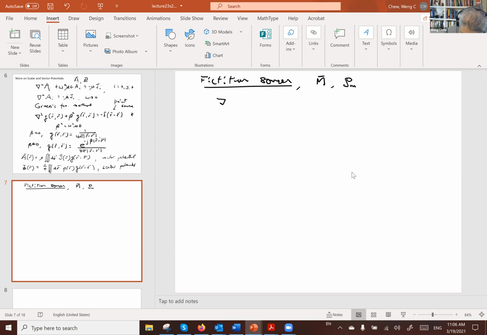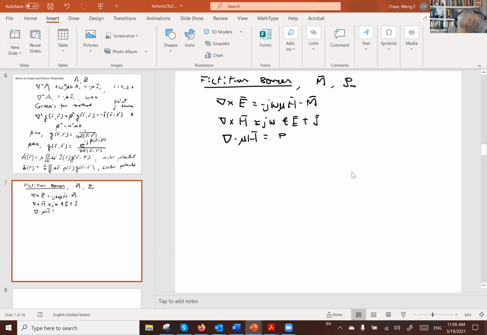So Maxwell's equations just become curl of E equals minus j omega mu H minus M, and then curl of H equals j omega epsilon E plus J. Then you have divergence of mu H, not equal to 0 now, but equal to the magnetic charges, and divergence of epsilon E equal to electric charges.